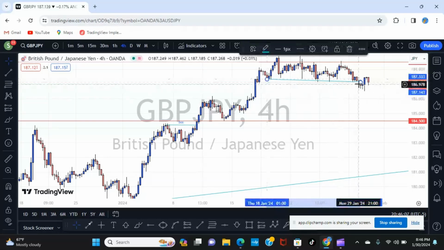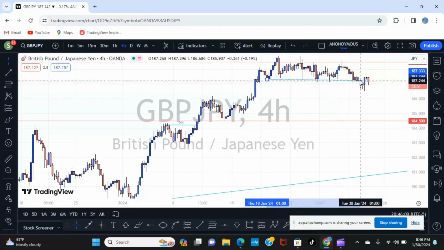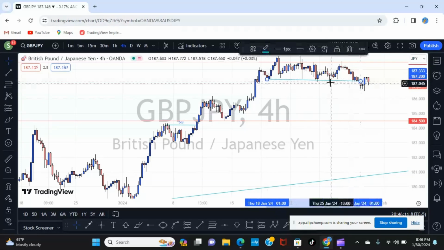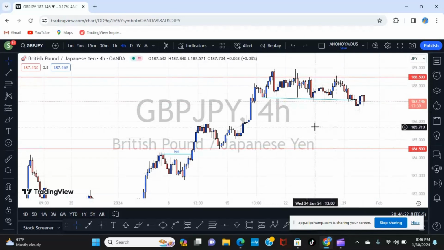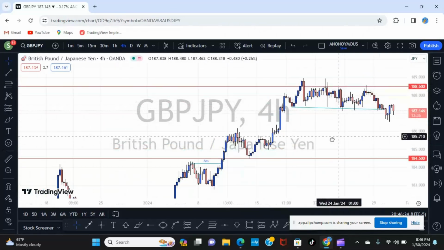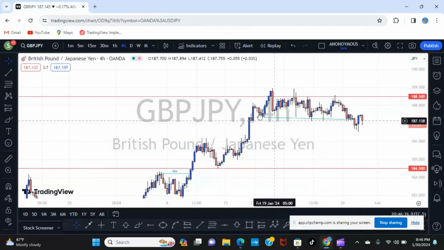So after we notice that the last previous lower high has been taken out, bear in mind we're gonna want to sell the market because we have the last previous low taken out.